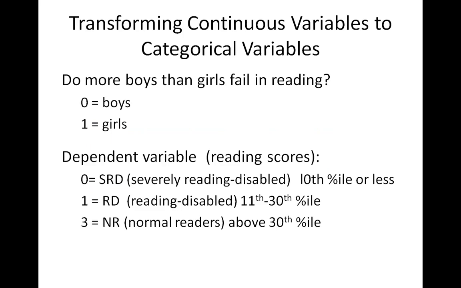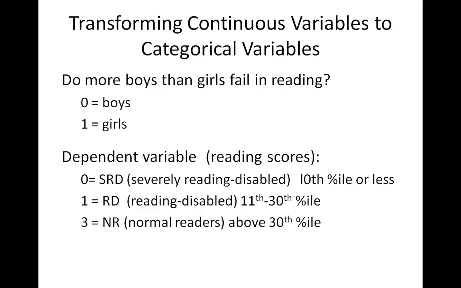What I also wanted to find out, though, is not just do boys differ from girls in reading achievement, but do more boys fail in reading compared to girls. So I transformed my continuous variables of the reading scores into categorical variables. First I coded my boys as 0 and the girls as 1.